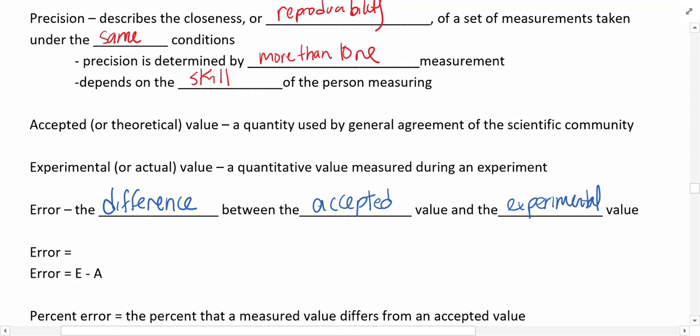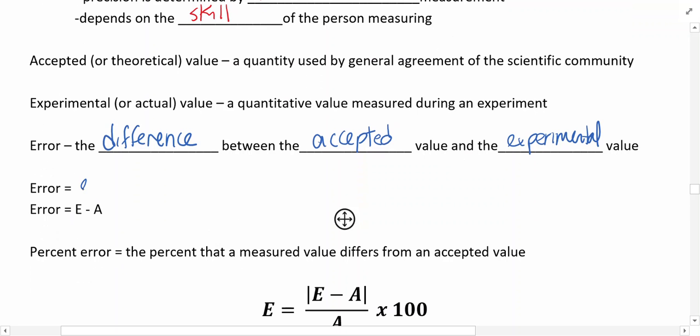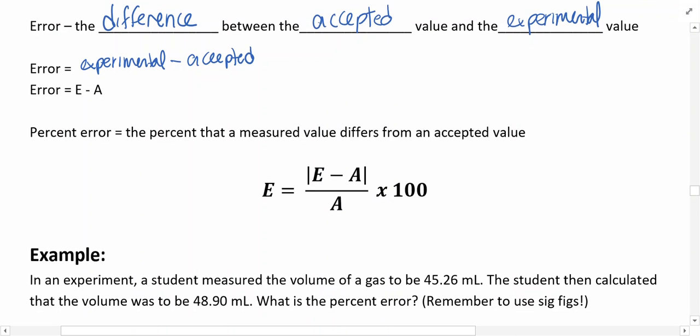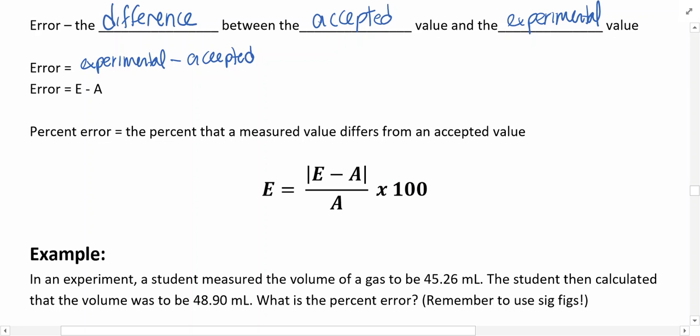So error is going to equal experimental minus accepted. We have this formula that we use to describe it, and we multiply it by 100 to make sure that we're looking at it in terms of a percentage.